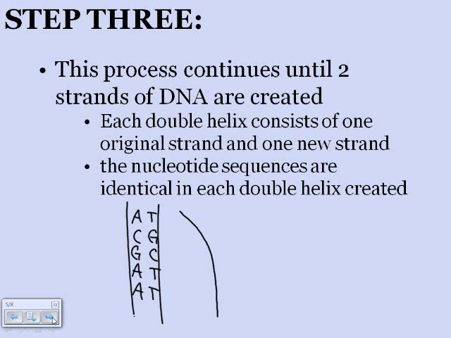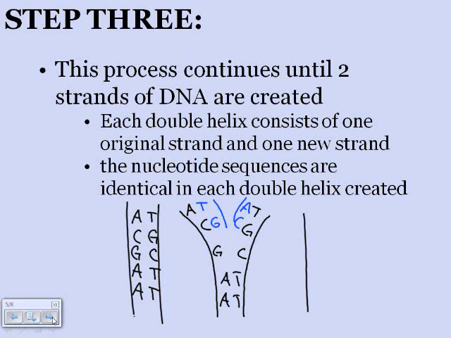So we can start to look at our strand. As our strand forked, because of our helicase, we started to break apart those hydrogen bonds. And what we wound up doing is that we started adding new nucleotides to the other side.